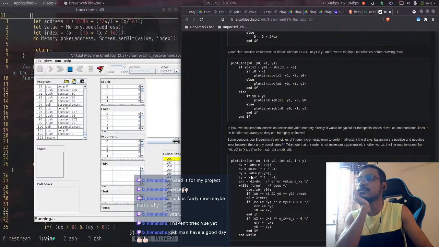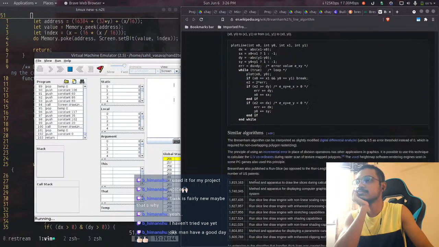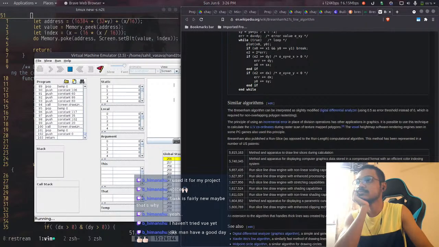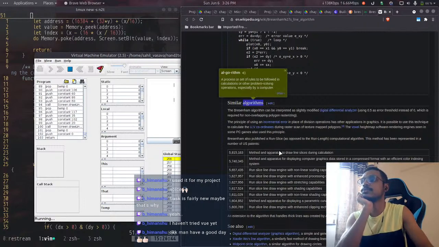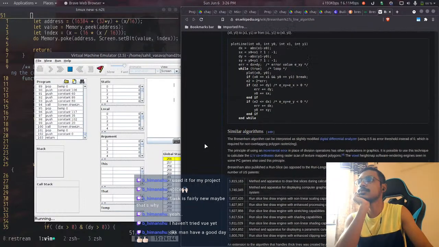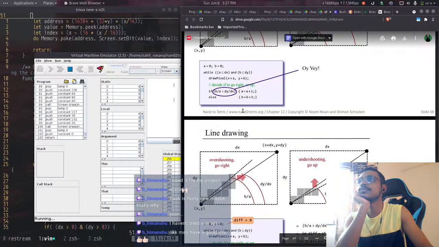What the hell are they doing here? Oh, there are many different versions of this same algorithm, I think. And this one is totally different.